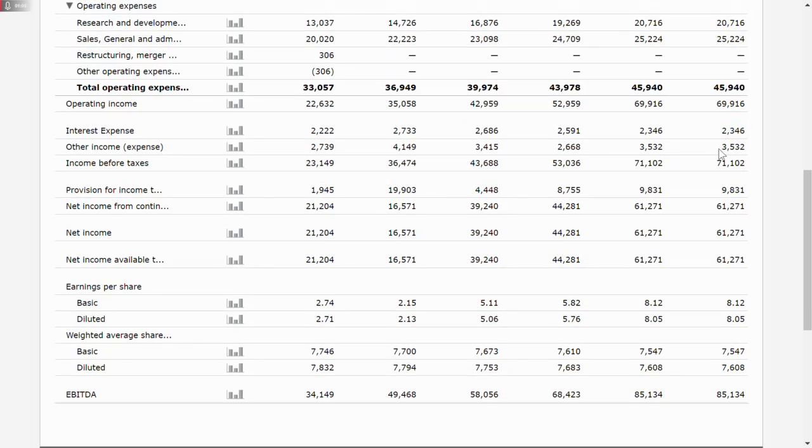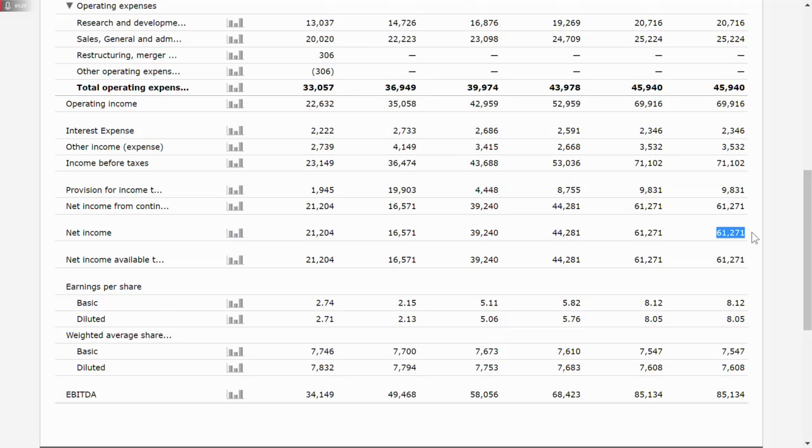This section's under other expenses. So we get to a figure called income before taxes, and then we go on down to some other adjustments when we get to the figure of net income.